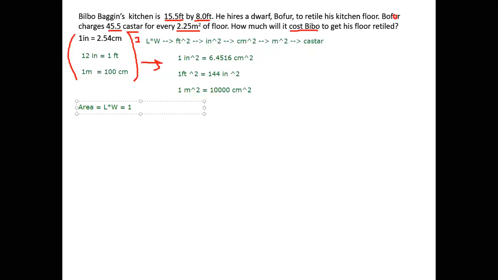That's going to be 15.5 times 8. So this is 124 feet squared. So now we can do our conversion between feet squared to Castar.